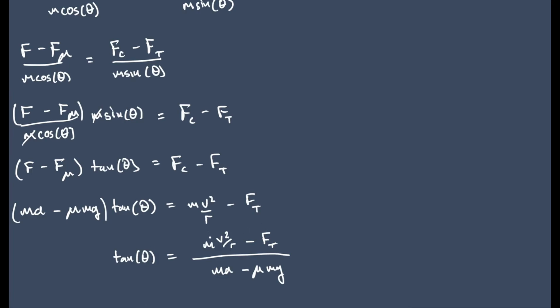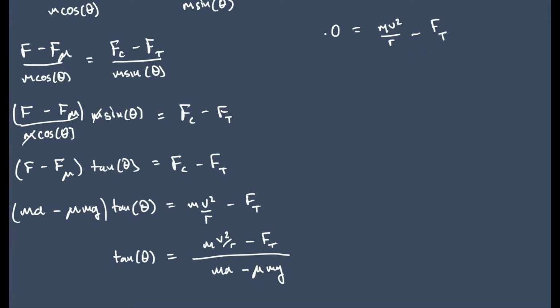So in order for the tangent of theta to be 0, the numerator has to be 0. Okay. mv squared over r minus Ft.